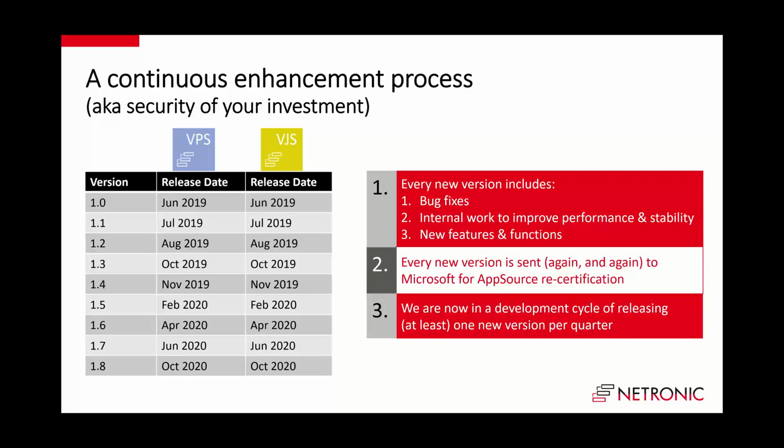And then with both products, you see it was kind of monthly cycle last year. And now the time slots become a little bit larger. So now we're in a development cycle of releasing at least 1 new version per quarter. I personally don't want these time frames to become longer. So I want to really make sure that every quarter at least we ship 1 new version, so that bug fixes get out fast, that improvements get out fast, and that new versions get out fast.